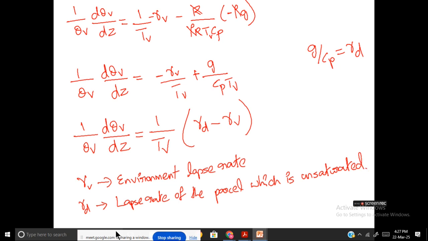Gamma d is nothing but gamma V prime, the lapse rate of the parcel which is unsaturated.